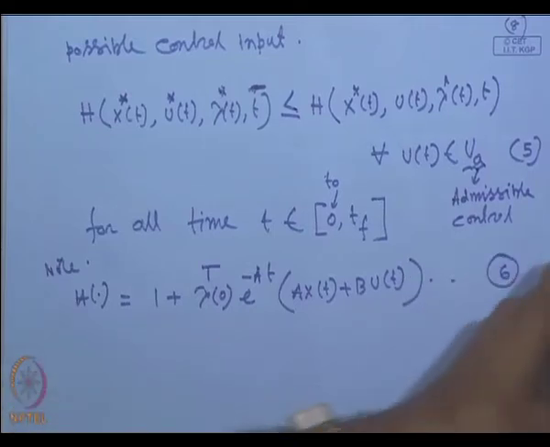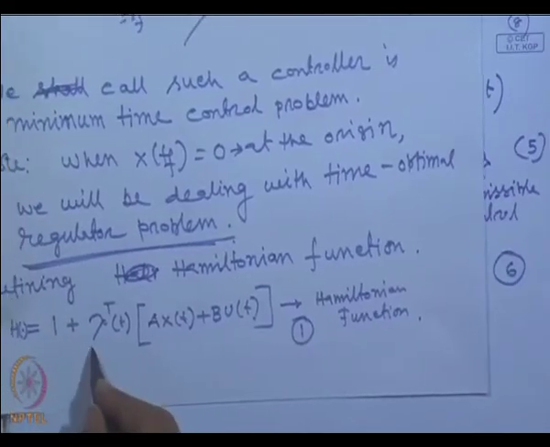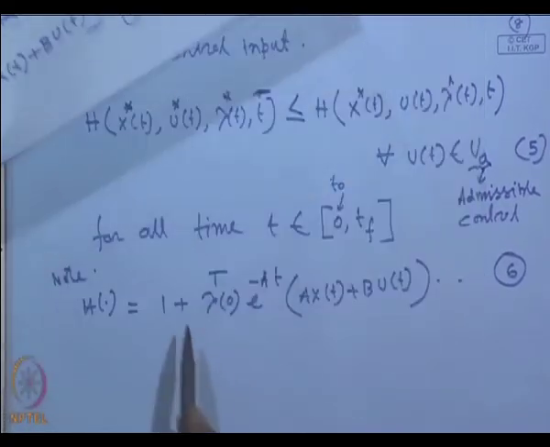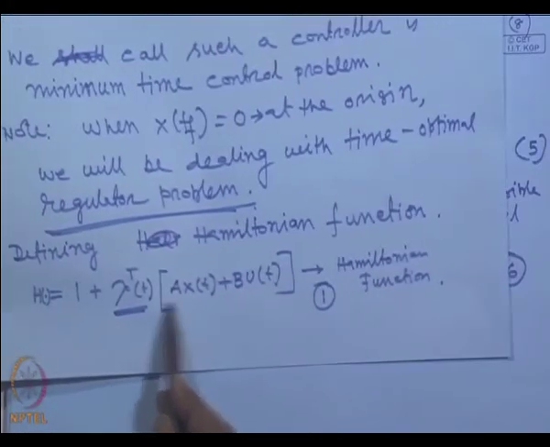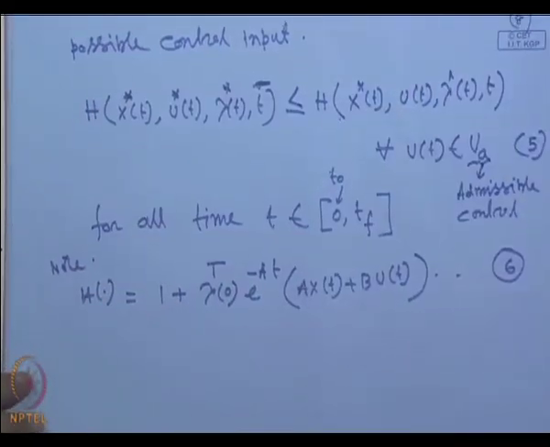Now, see this one. First the Hamiltonian matrix is considered, in place of lambda of t I am writing that quantity, and then the remaining is as it is. So, now from this equation you see when this Hamiltonian function will be minimum.